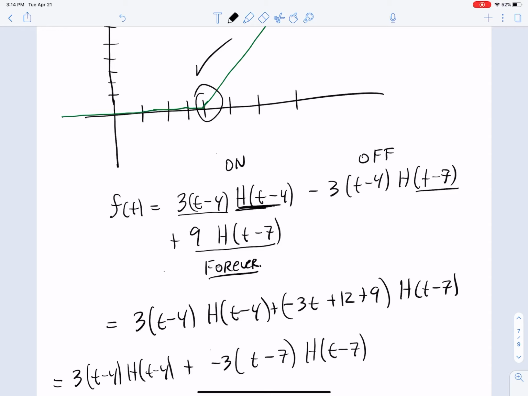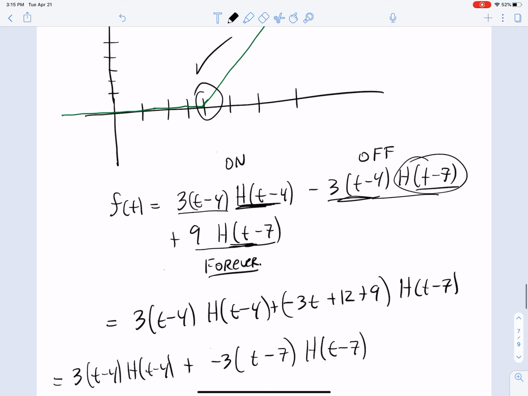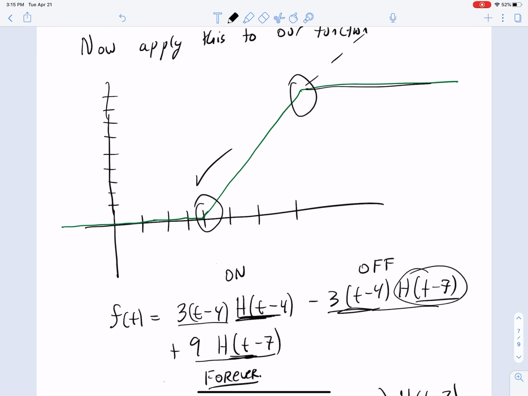Because this will be on and this will be on. So this is what I call the off switch, right? So we're going to turn this function, 3 times t minus 4, off by just subtracting it off. So this will come on for t greater than 7 and cancel that value out, leaving us with, so if I put in t equals 8, I would get this minus this, those would cancel, plus 9, and I would get my 9 value there.